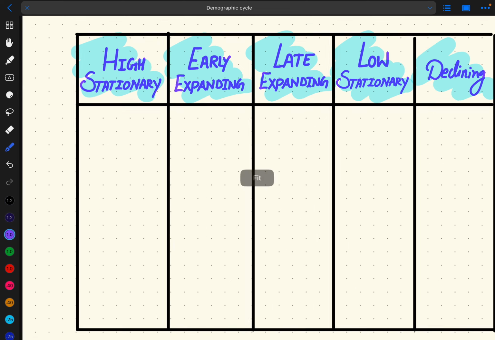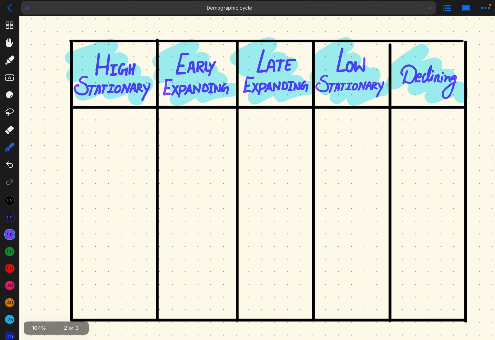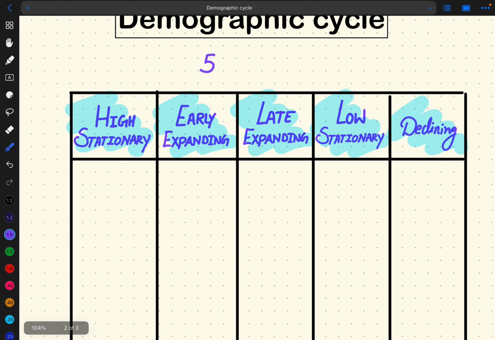So we will see how the population grows and how the population declines in the different stages. So these 5 stages.